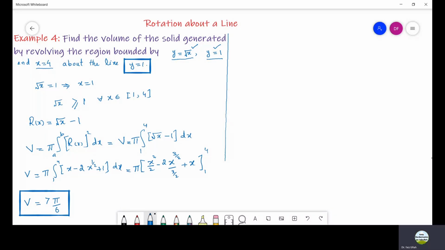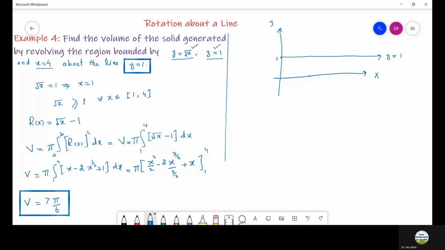Let us see the graph of this question. So this is 1 on the y-axis. From 1 we draw a line which is parallel to the x-axis, and that is the line y is equal to 1.